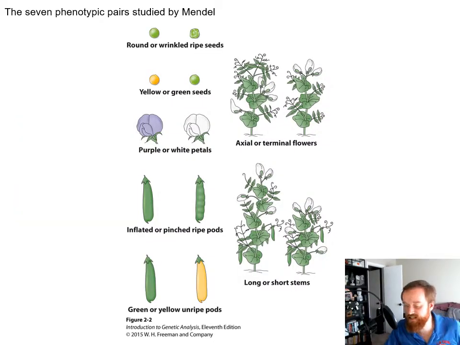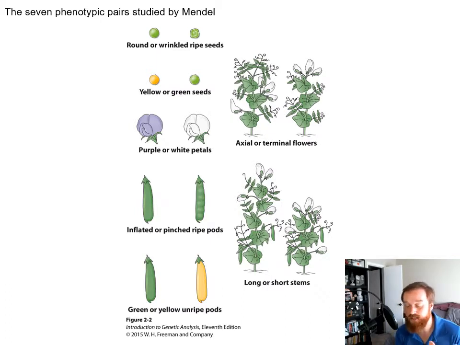So to investigate the underlying differences in plant phenotypes, remember phenotypes being a physical trait that you can see, Mendel studied differences in 7 different plant phenotypes or traits. These were pure lines, so remember pure lines, which are traits where inbreeding them, or selfing them as we call it, results in offspring which are identical to the parent.